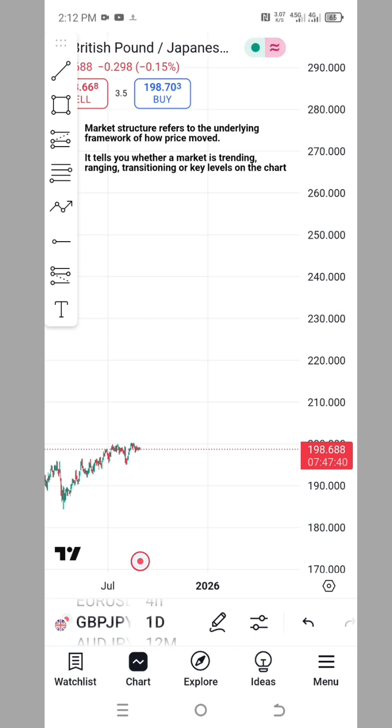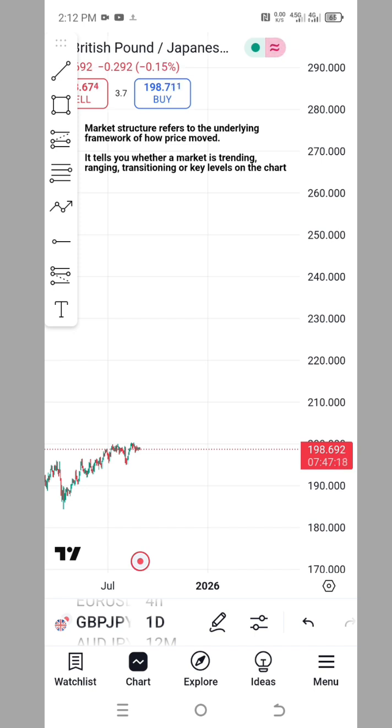You are not just to choose sides. You need to understand who is in the market before you choose sides. I hope I'm making sense. It can be the buyers, then later it can be the sellers. So your role is just to support who is in the market currently, so you can make your money and get out of the market. That's what market structure will help you with.